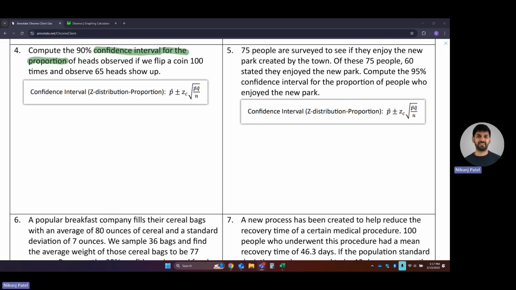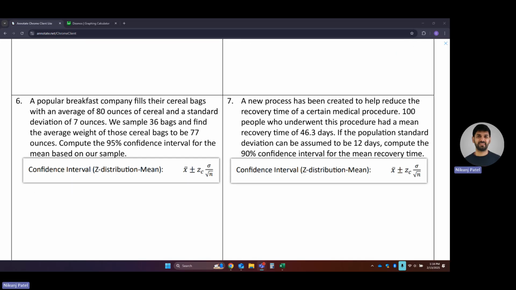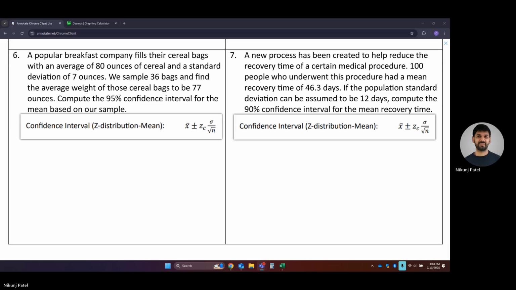And then before I actually work that problem out, I want to show you number 5 as well. It's worded a little differently. The information and the values are given differently, but you'll notice that it also says right here, compute the 95% confidence interval for the proportion. So you see those words right there, and those correspond with what you see there, proportion. Number 6 and 7 are the same minus 1 detail.